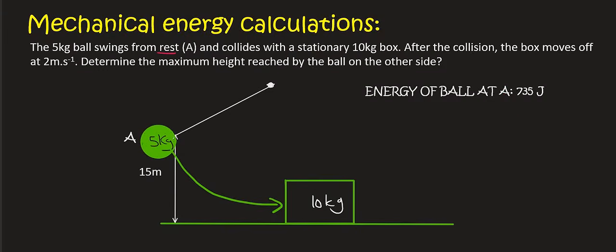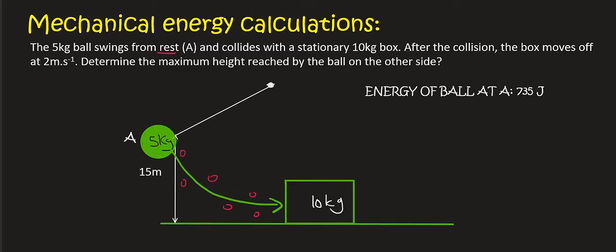And so we can now use that fact, and we know that that ball will always have 735 joules as long as it's falling. Now we know that this ball is going to fall, and there's going to be no air resistance or anything like that, and so the mechanical energy is going to be conserved.